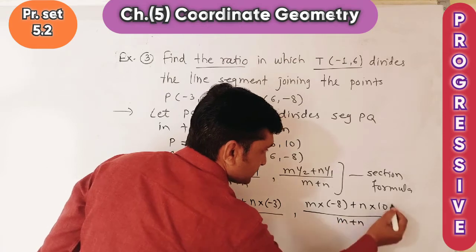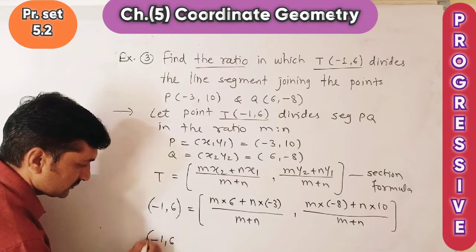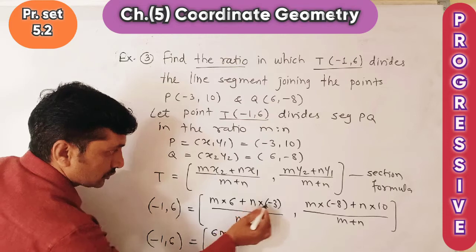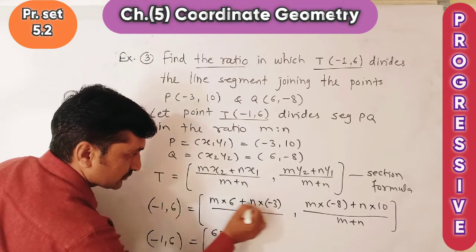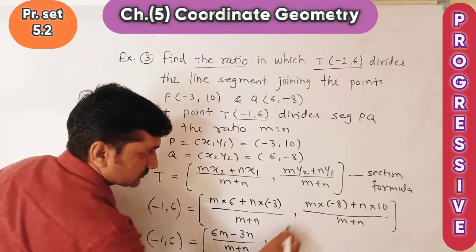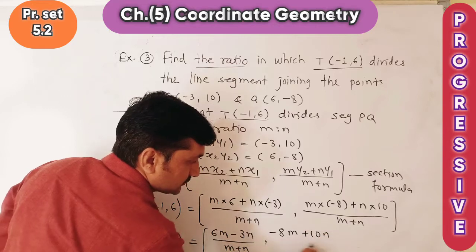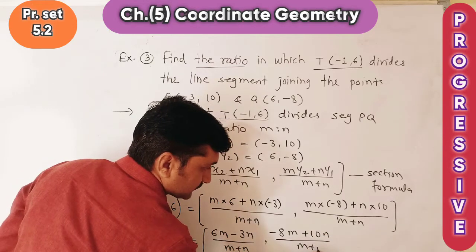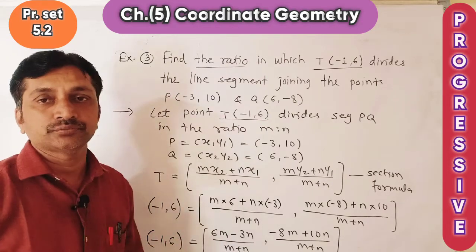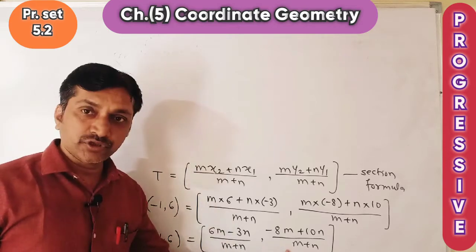So (-1, 6) is equal to (6m - 3n)/(m + n), (-8m + 10n)/(m + n). Okay, m and n stay as they are because we don't know them. Here are -1, 6 and here are these two values.